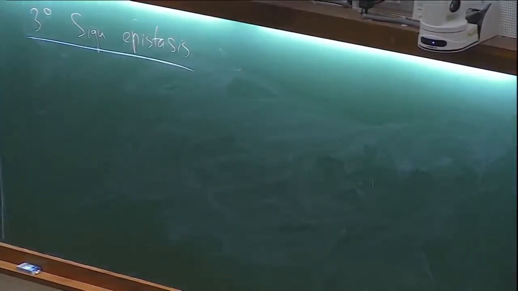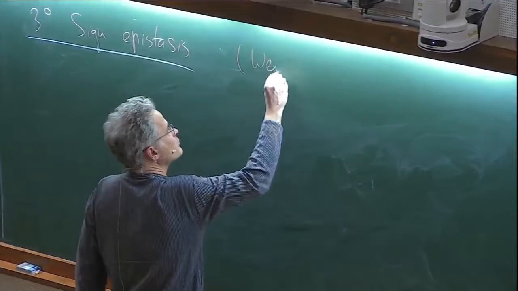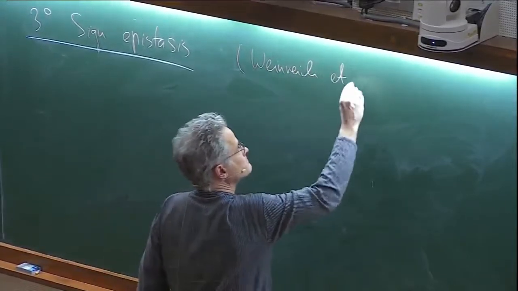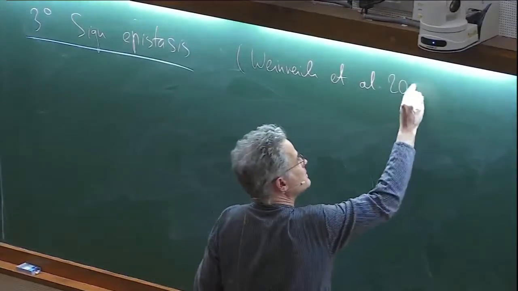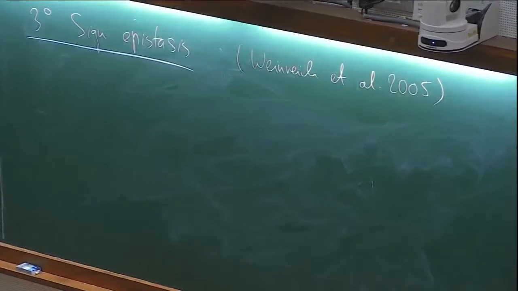This is something rather natural, but surprisingly, it was introduced, as far as I know, only a bit more than 10 years ago. And this is really the content of the paper by Dan Weinreich, Watson, and Chao that I also gave you as reading material.